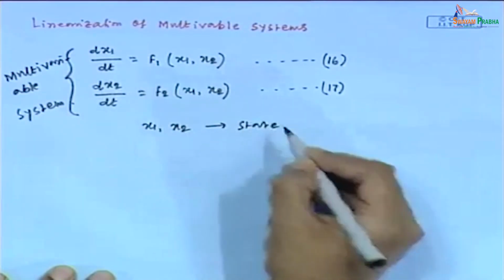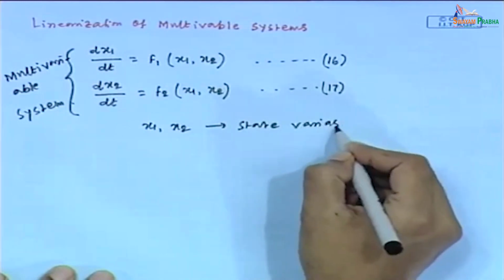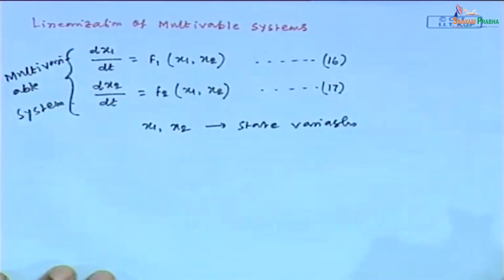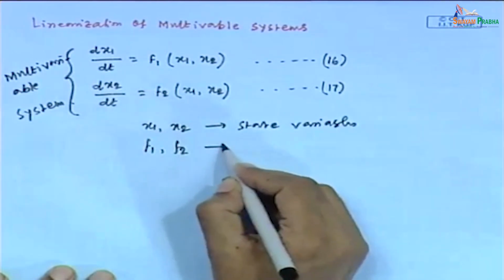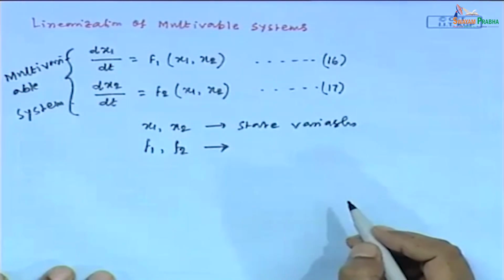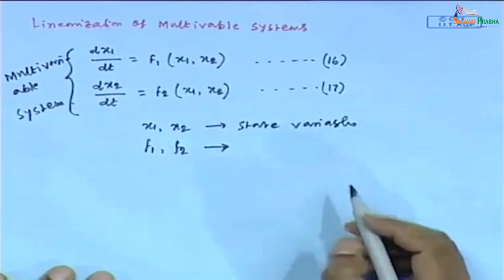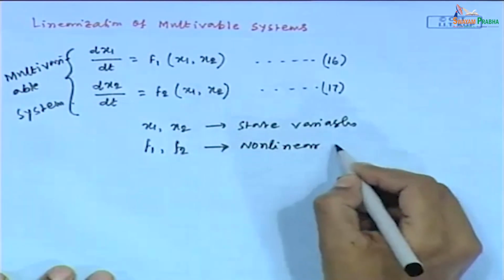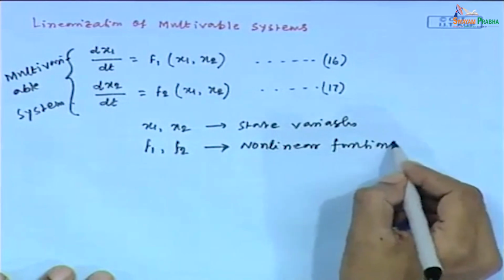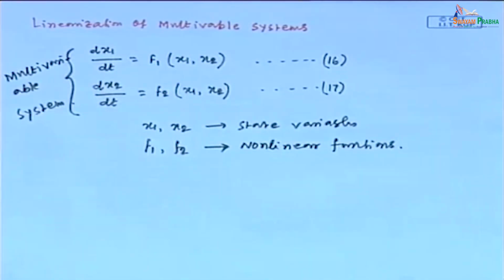Two functions are also involved, f1 and f2. Both these functions are nonlinear functions. So, what do we need to do? We need to linearize these two nonlinear equations by the use of Taylor series.